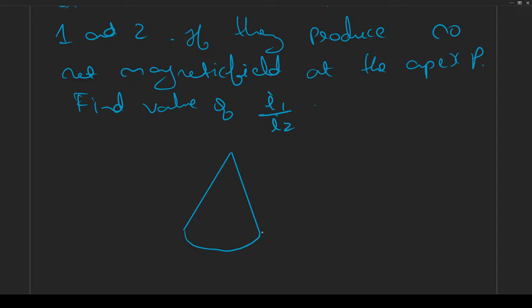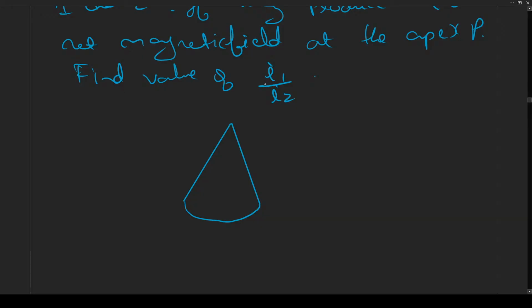This is a cone. This is the apex P. This is the first loop, that is 1, having current I1 in this direction.